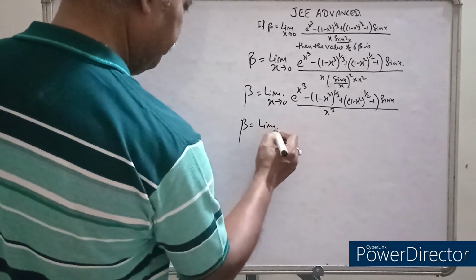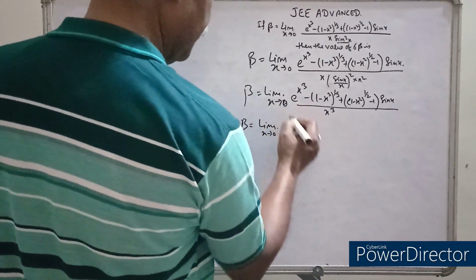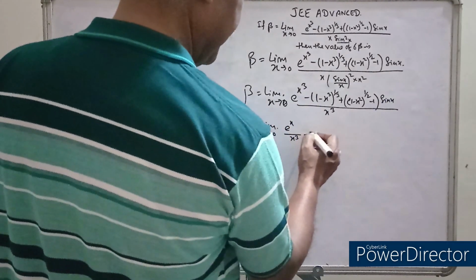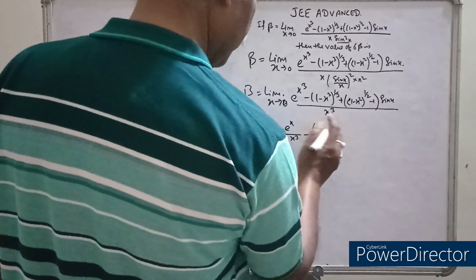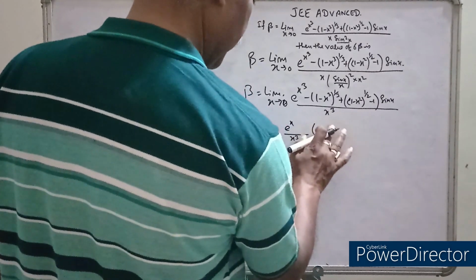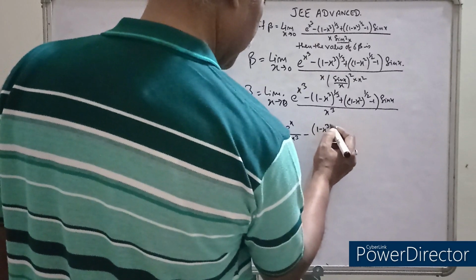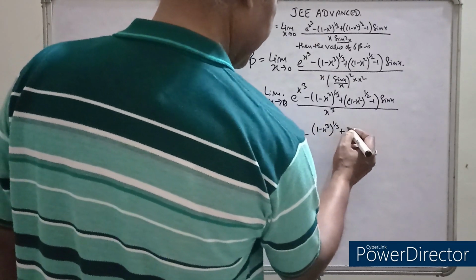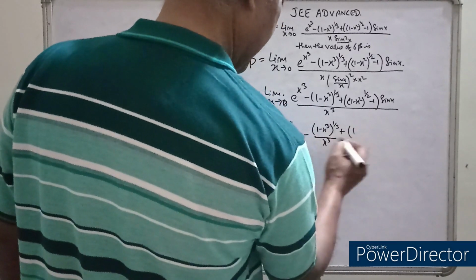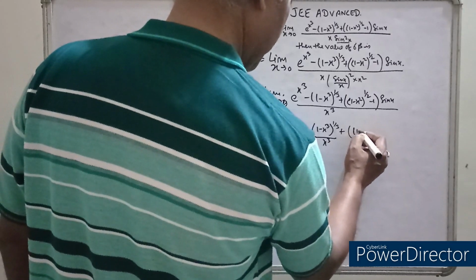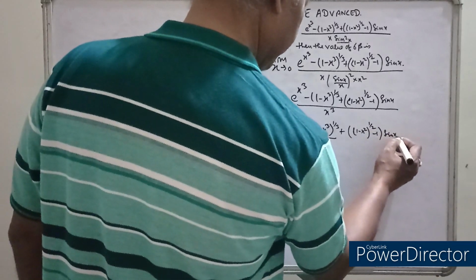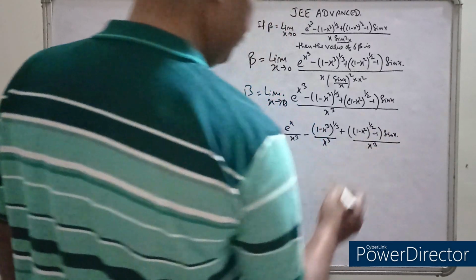If I separate the LCM, I get (e^(x³) − 1)/x³ minus (1 − x³) to the power 1/3 plus 1, all over x³, and then (1 − x²) to the power 1/2 − 1 over x³.